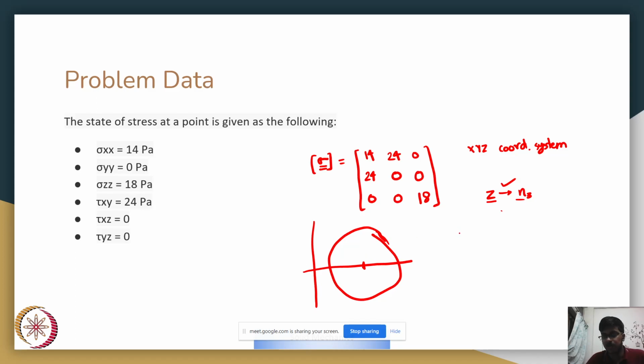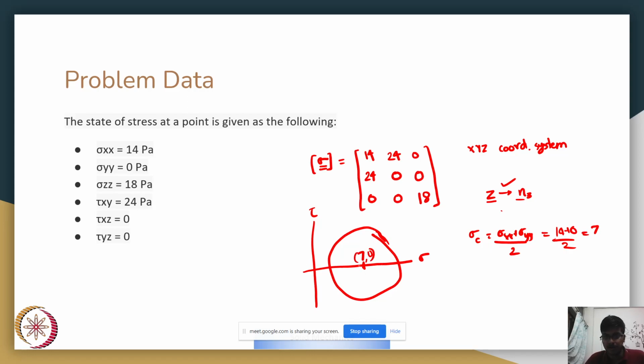So the center of the Mohr circle is given by sigma c equal to (sigma xx plus sigma yy) by 2, which is nothing but (14 plus 0) by 2, so 7. So your center is at 7, comma 0.